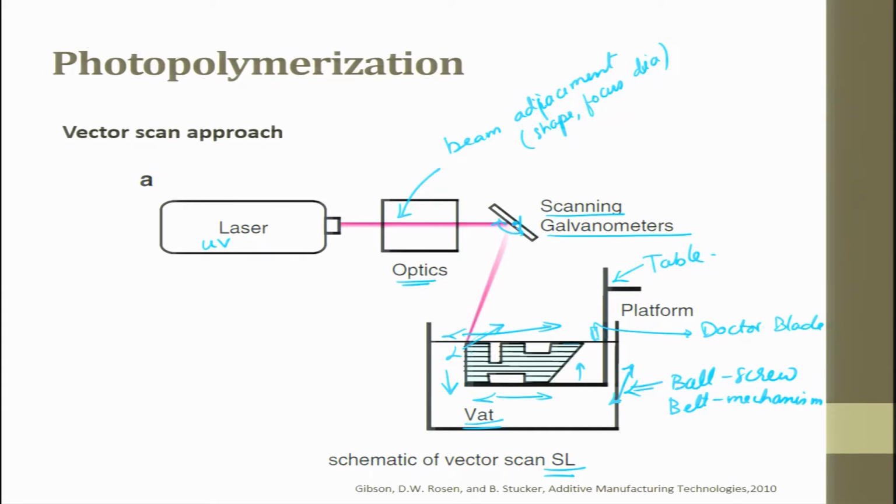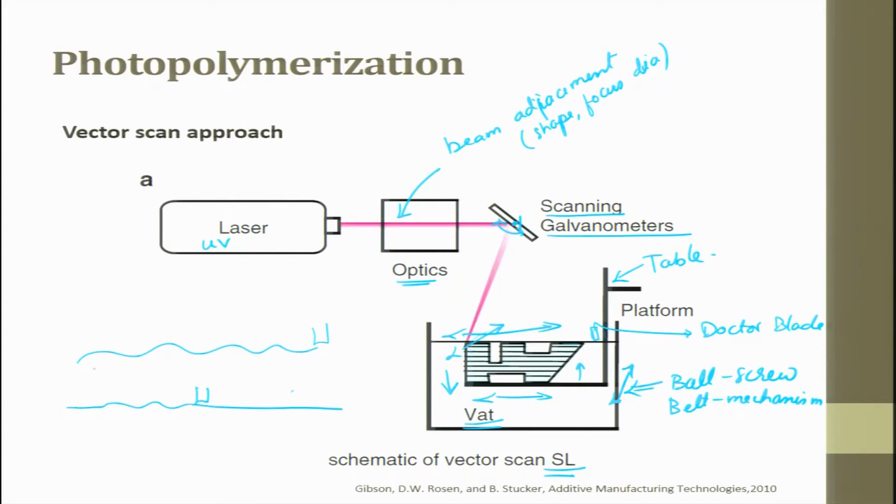This will make sure that the layer thickness is uniformly maintained along the surface, because in a liquid you will always have wrinkles or wave patterns. This has to be nullified by a knife. When you move the knife, all the wave pattern which is there will be removed, and then you have a smooth surface on top of which the laser hits.